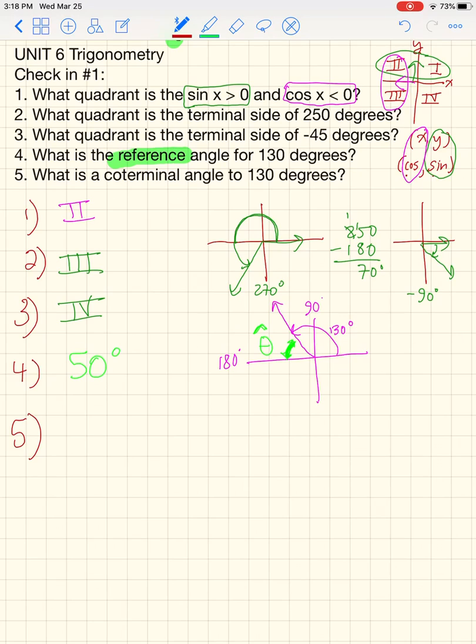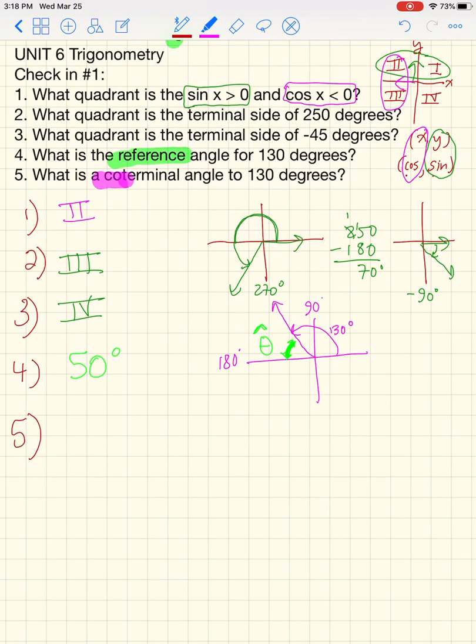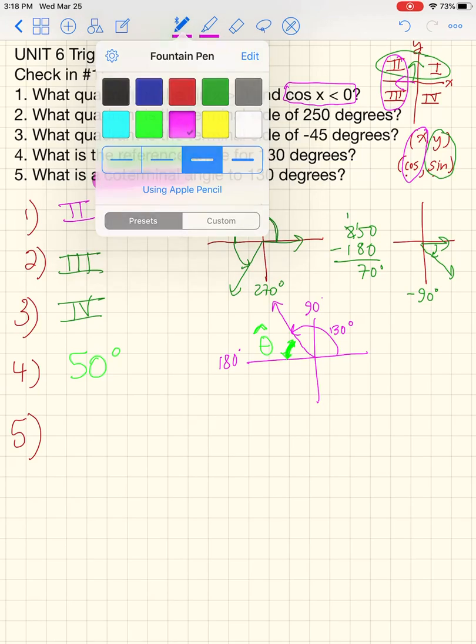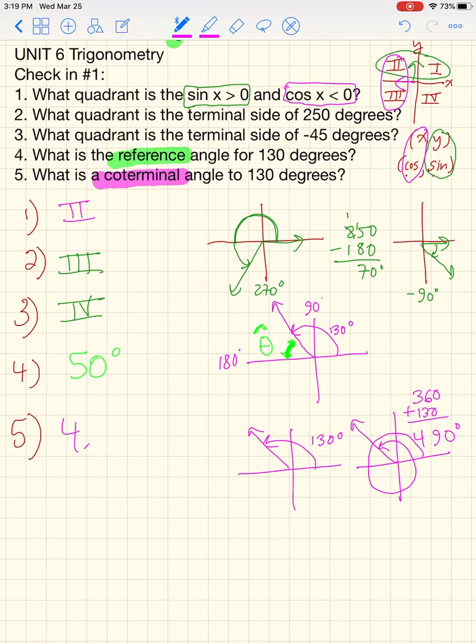What's coterminal? Now remember that word, okay? Coterminal has a whole other meaning. Coterminal means that you're adding or subtracting 360. So if you're at 130, you're just starting at 130 and adding another 360. So whatever 360 plus 130 is, that's one possible coterminal.